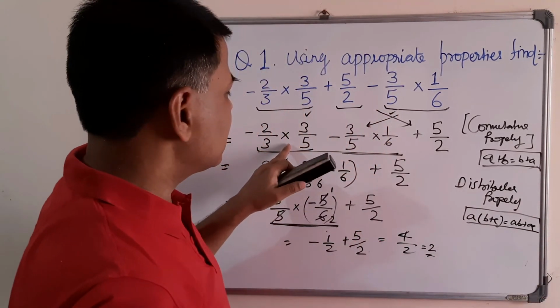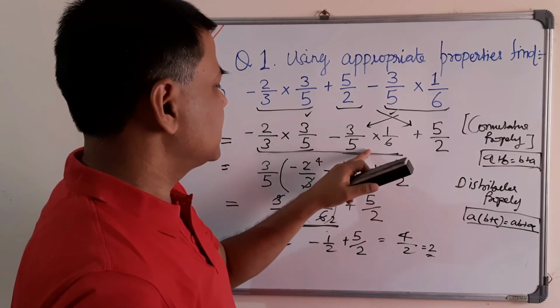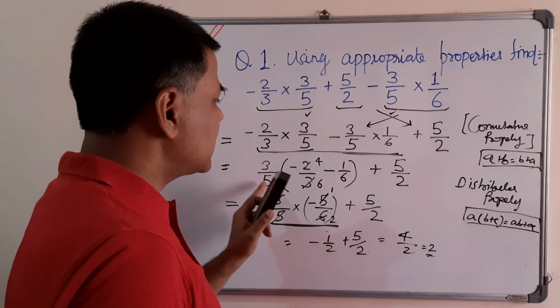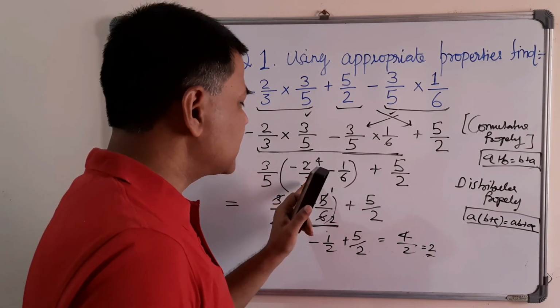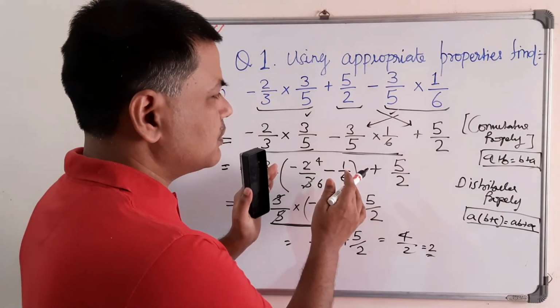Here we already have the form AB plus AC, so we have taken A common and then inside the bracket we have B plus C. So here we have used the distributive property.